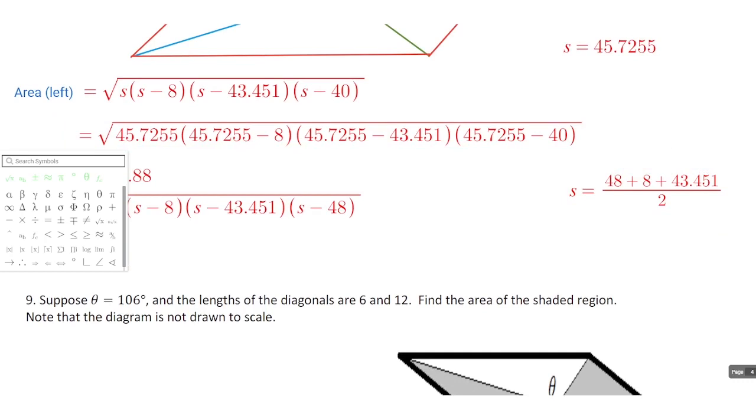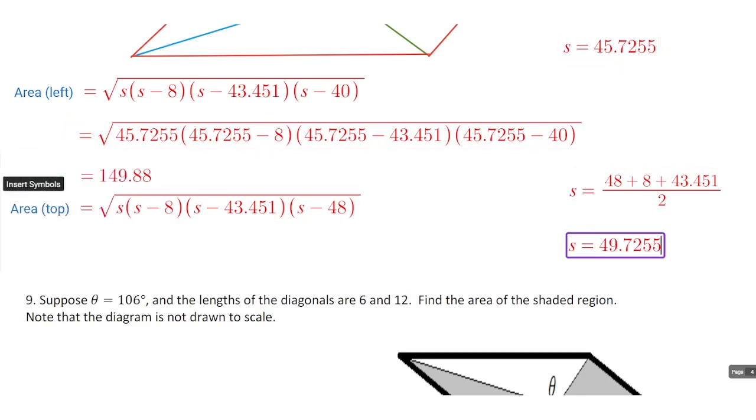48 plus 8 plus 43.451 divided by 2 is 49.7255. Okay, a little bit bigger than the last one. All right, so what do we have next here? That's our S, and now I'm going to bring up the calculator again.